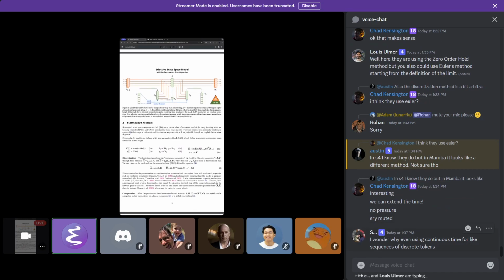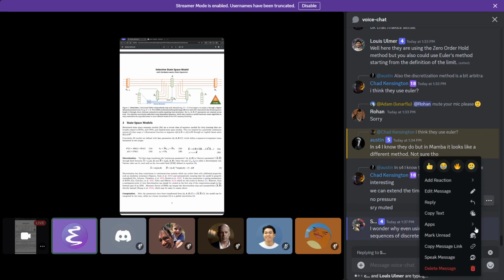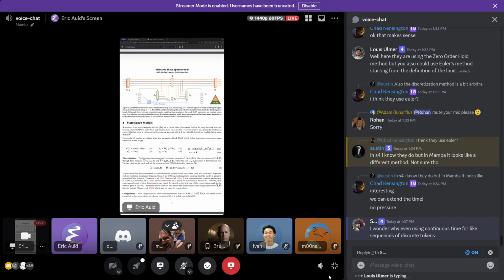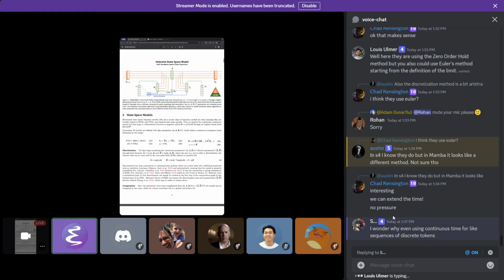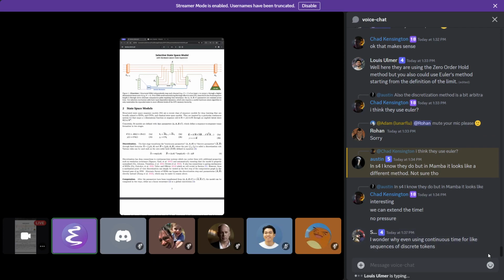So let me pause time here. Okay, so here's a good question. I wonder why we're even using continuous time for sequences of discrete tokens. Right. So there's a couple of advantages to, let's call it, having a third lens on the problem, right?